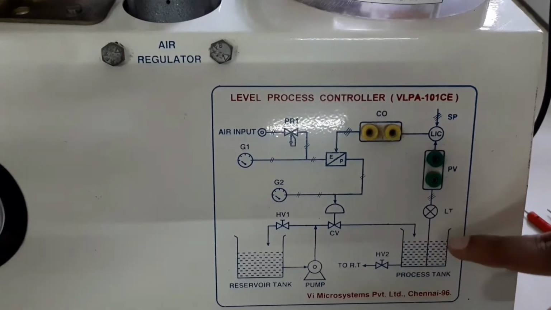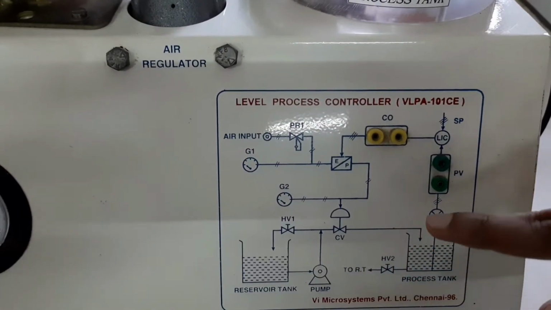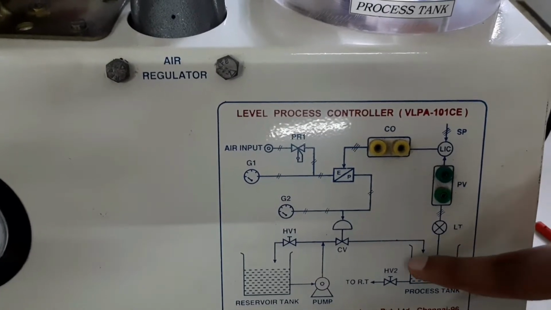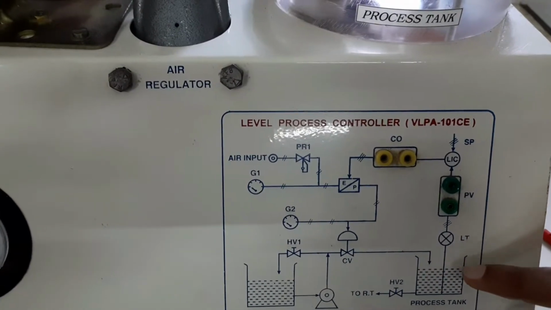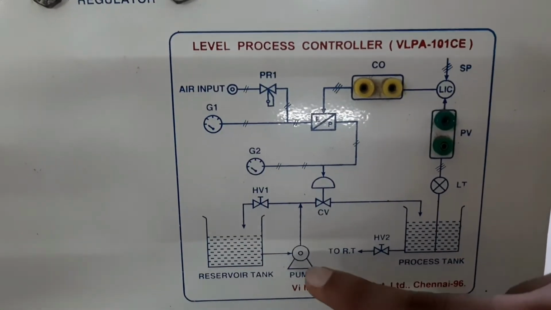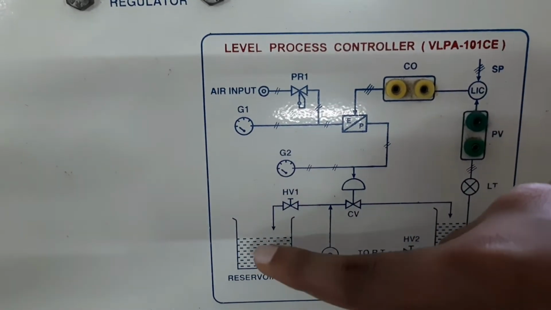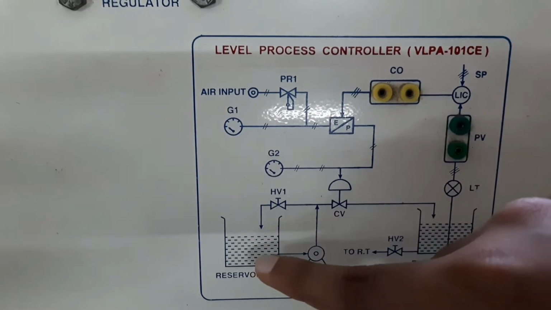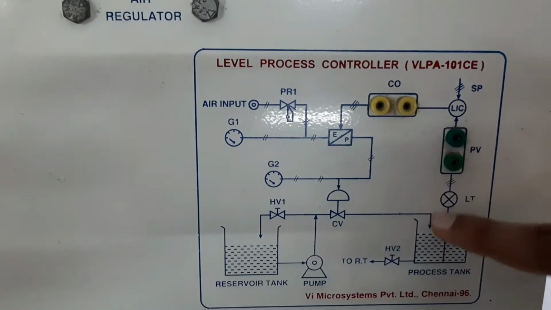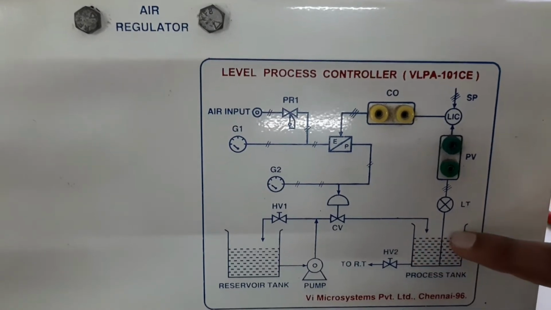This tank will have a constant output, and the control objective is we need to maintain the level of water at a constant level. So for that we have a reservoir tank which contains a certain quantity of water, and we will take water from the reservoir tank and fill the process tank so that we can maintain it at a constant level.